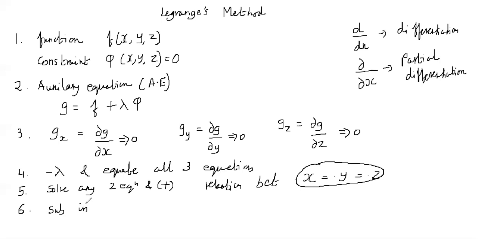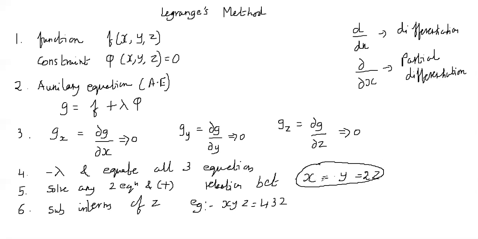For example, if we have x is equal to y is equal to 2z, and the condition xyz is equal to 432, we can't get the value with three different terms. So we have to substitute everything in terms of z.